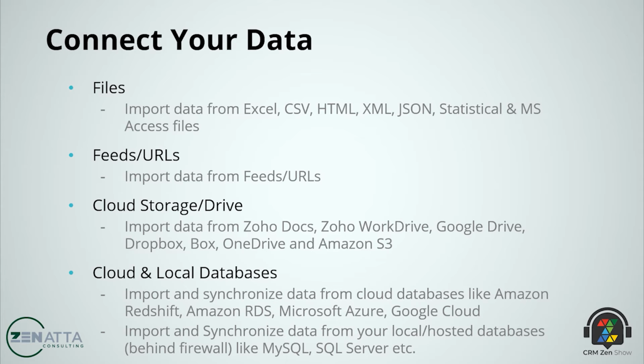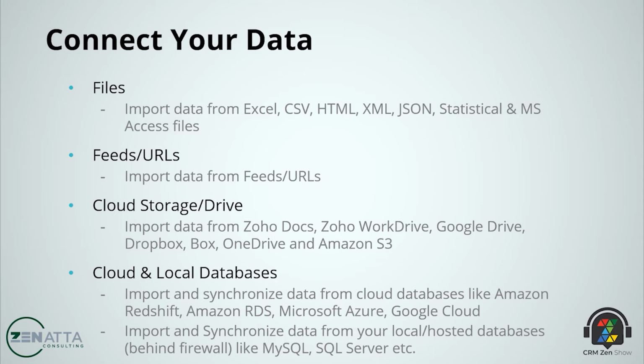You can have cloud and local databases, and you'll want to pull that data in real time as well. So it really gives you the ability to not just pull in CRM data and Books data like I talked about earlier, maybe something from Zoho Projects, but basically the ability to pull in any kind of data from any data source in most cases, and really mash that together and make some sense of that data as well.